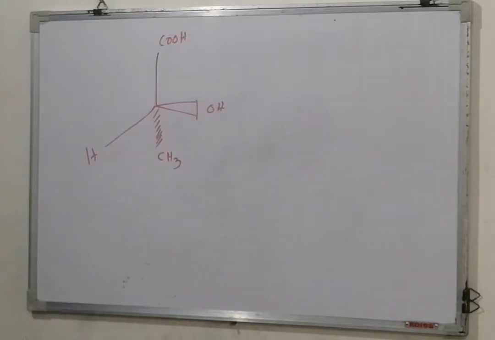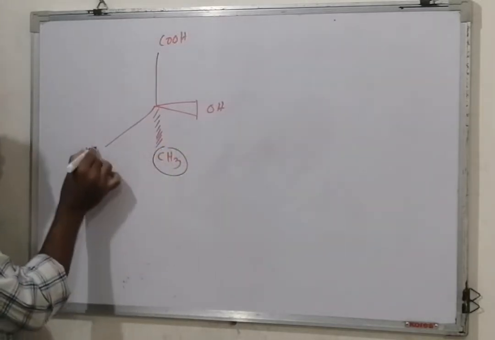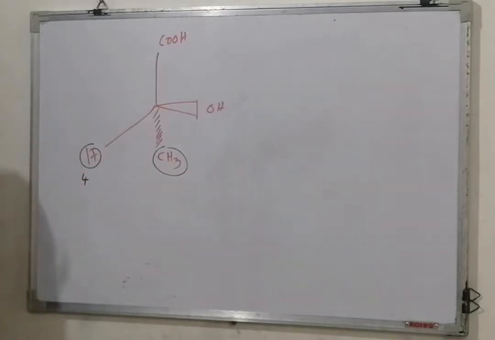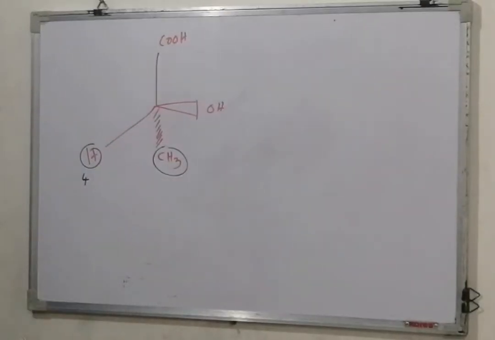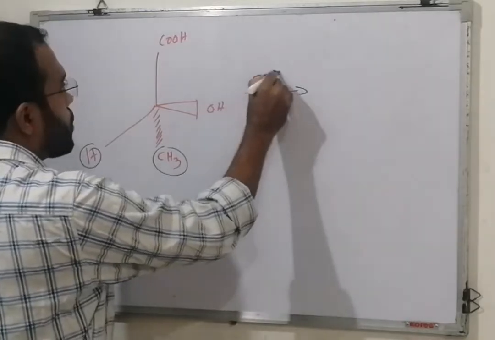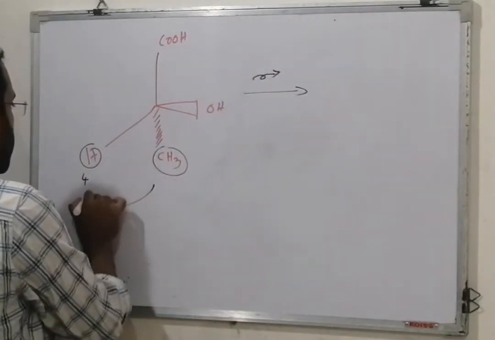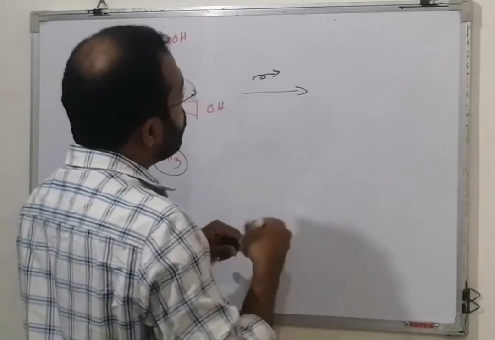The dashed line contains CH3, but the problem is that this is the fourth group. Therefore, you want to make these two here. For that, you can exchange these two. Just exchanging. Bring these two here, these two here. Therefore, you just draw like this, no problem.